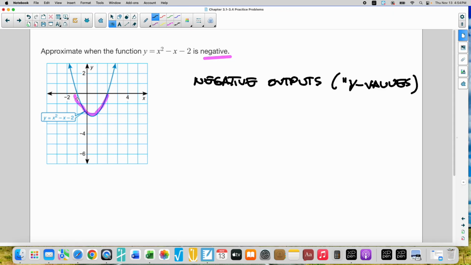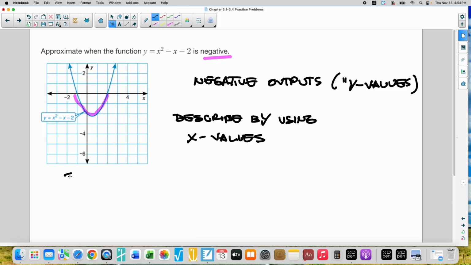So when is it negative? It's going to be negative below there, and you have to describe it by using inputs. Describe by using x values. So we're looking at what x values produce negative y values. It's a segment.